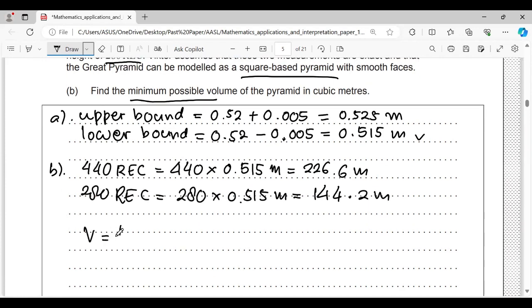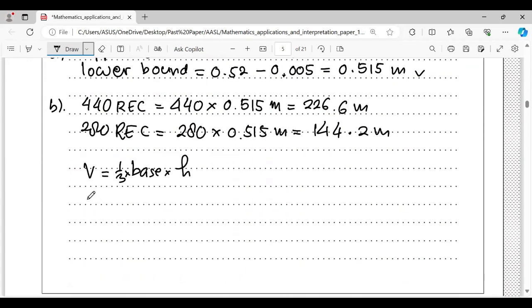Now, volume. The volume formula is 1/3 times base times height. So volume equals 1/3 times 226.6 squared, because the base is 226.6 times 226.6, the base shape is square, times 144.2.